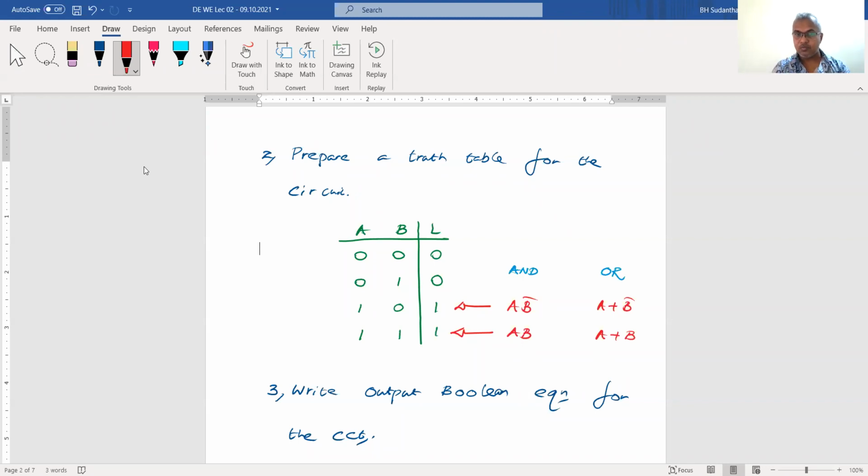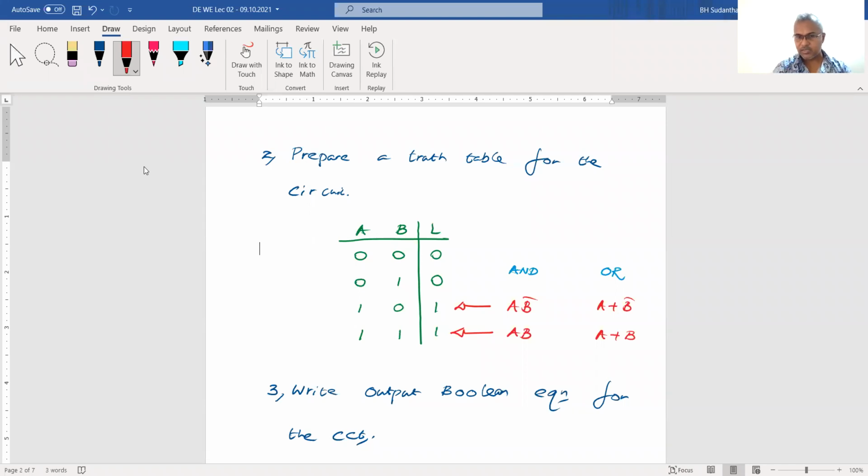But when you want to check that one of these conditions is true, then you can use OR. Now you can get some idea. If you want to check both things together at the same time, it should be AND. If you want to check one of these things, then the answer should be OR.